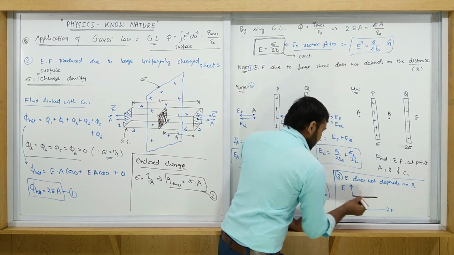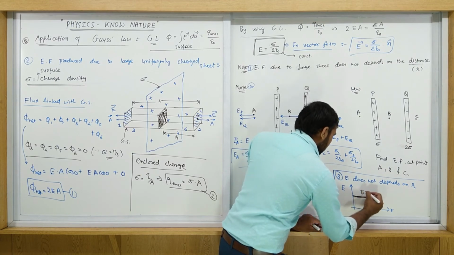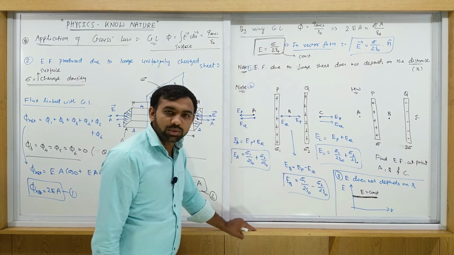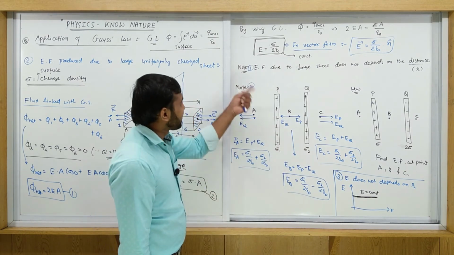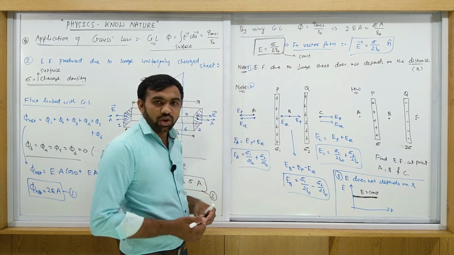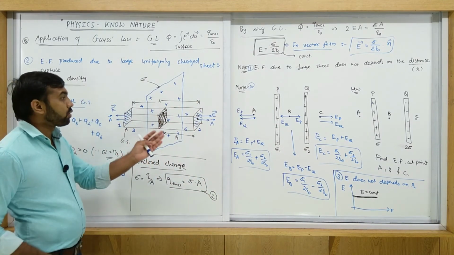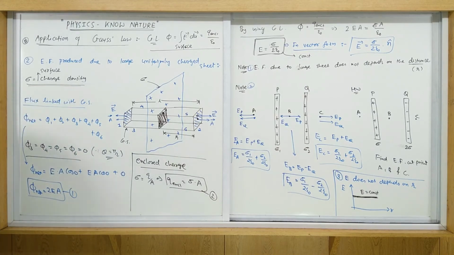Your graph is like this. Here E is equal to constant. This is how you can draw its graph. So these are some notes about these special topics. All of you note this theory in your books properly, then after that we go to the next one. Note it.